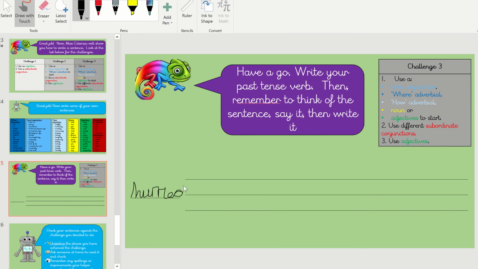Oh dear. Hurried. Wow, I don't think my handwriting's the same size, is it? Cheeky little. So capital letter. Cheeky. Oh gosh, I haven't said my sentence, have I? So cheeky little gnomes. Oh, you know the word gnomes, don't you?